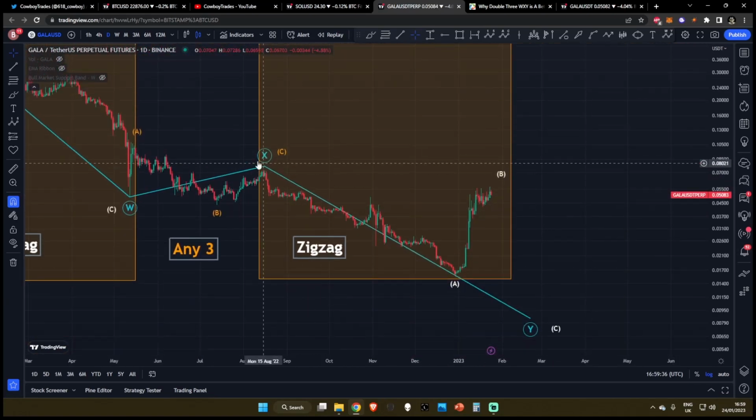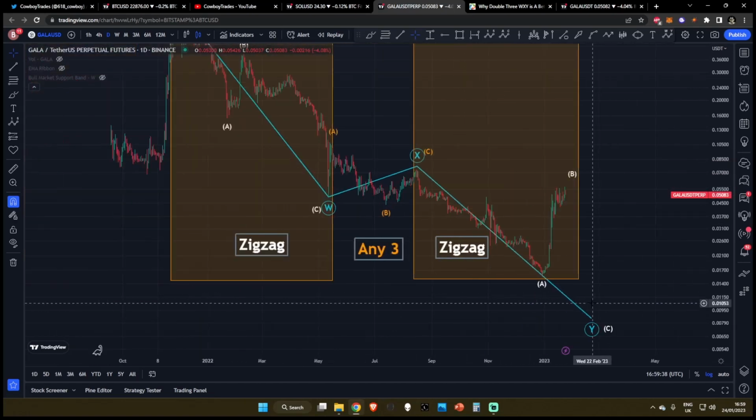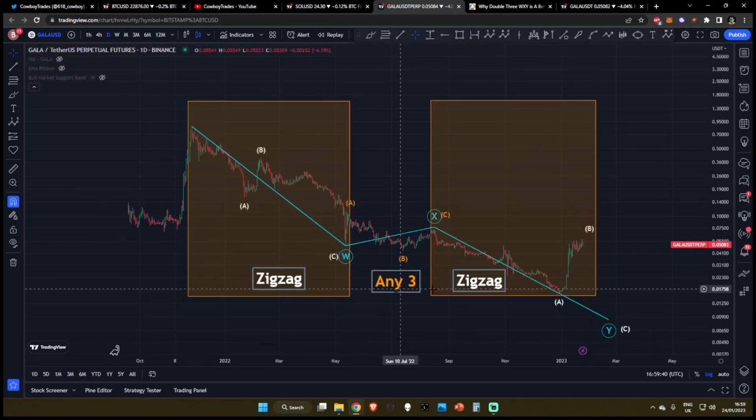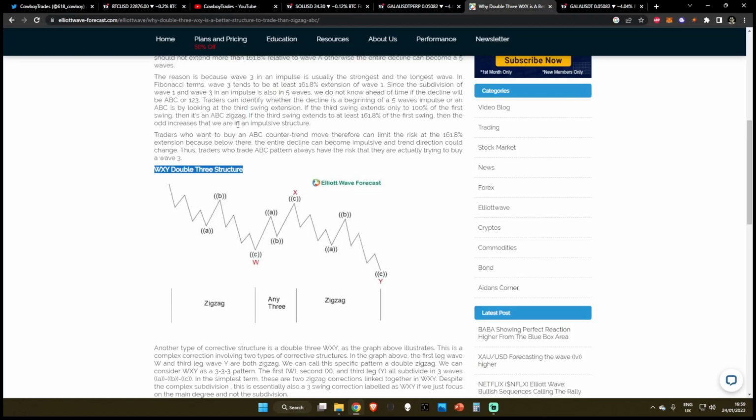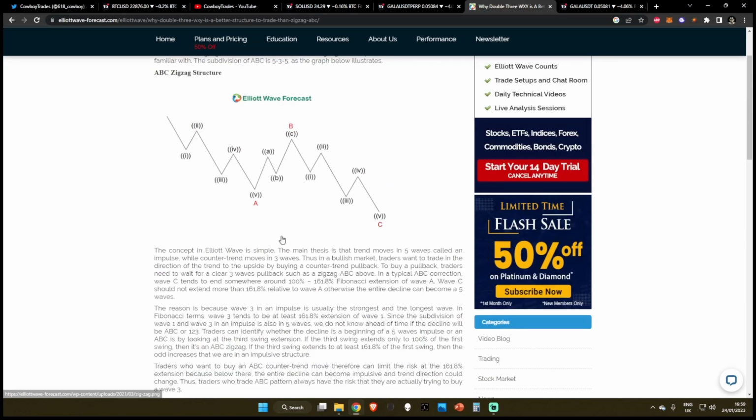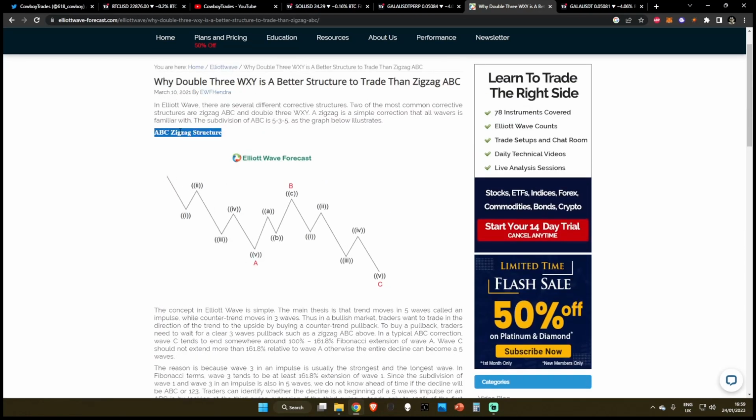Now, once again, it looks like we should be starting a new zigzag pattern, a new ABC, and this is where the final part, the WXY, comes in. So with the WXY, you can see the WXY basically moves like another huge zigzag pattern. So if we're looking at typical ABC structure, ignoring the micro waves, you can see your macro ABC.